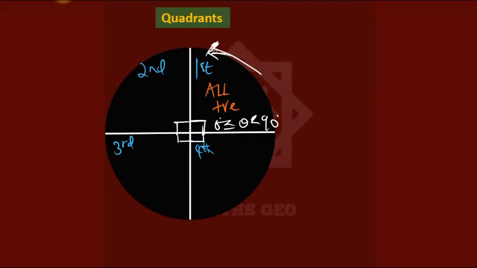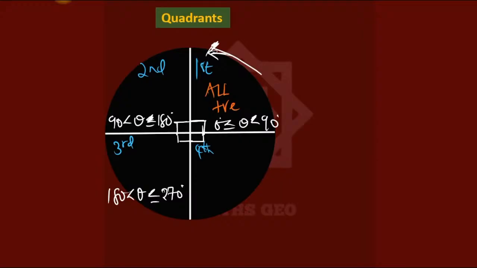While the second is from 90 point something to 180, not including 90, so the maximum is 180. The third quadrant has angles within this range, and the maximum is 270.